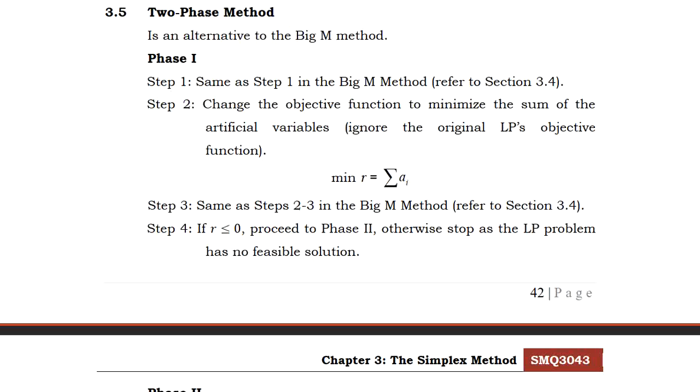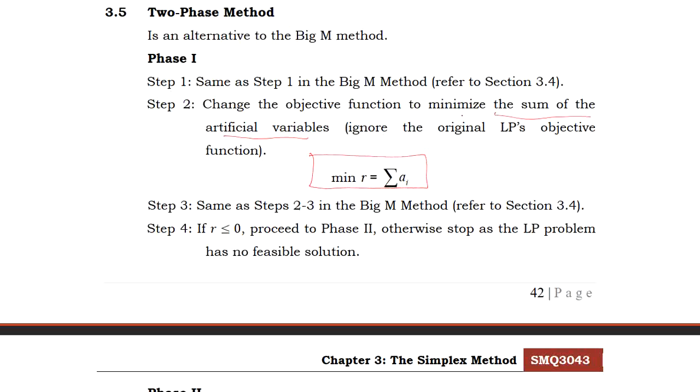Then in step 2, you need to change the objective function to minimize the sum of the artificial variables. So the new objective function should be minimize R instead of Z, equals to the summation of artificial variables. So you need to ignore the original LP's objective function.